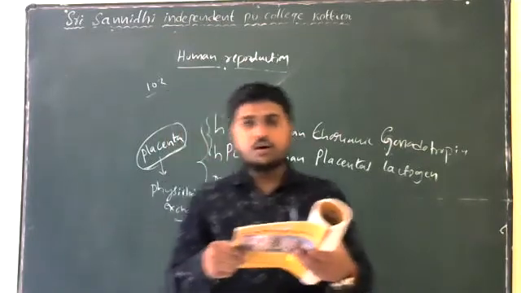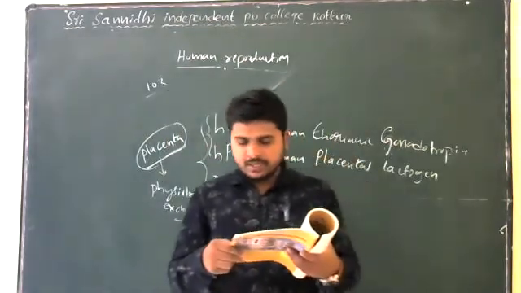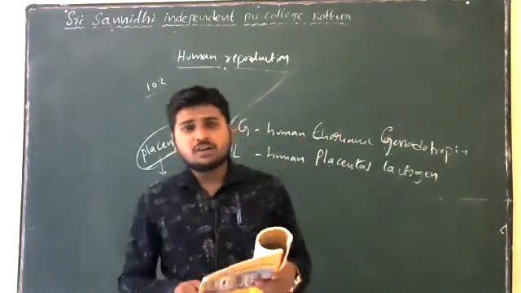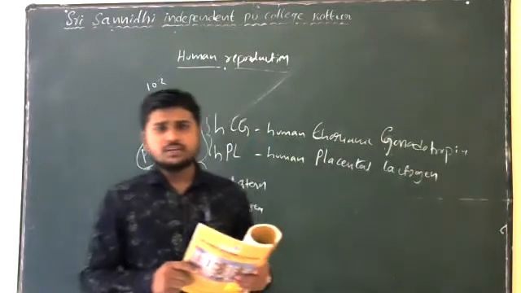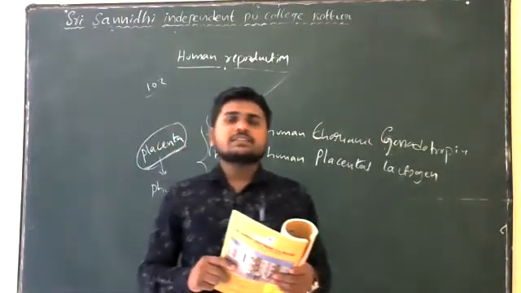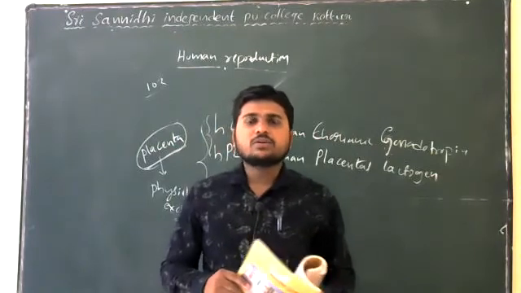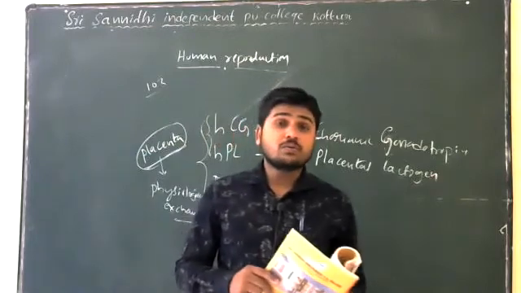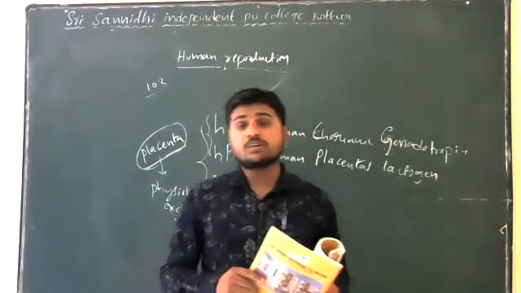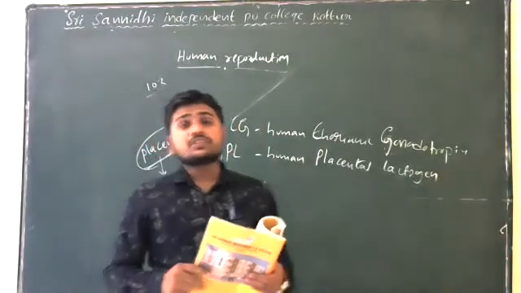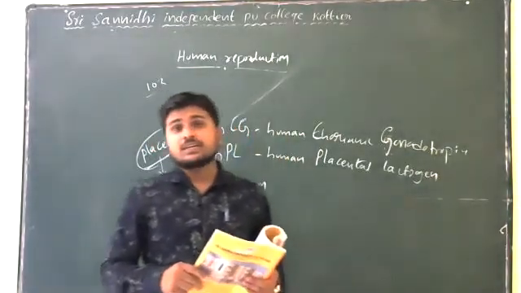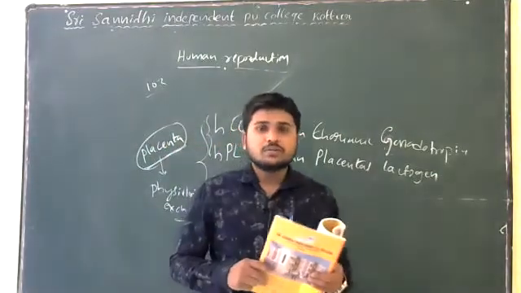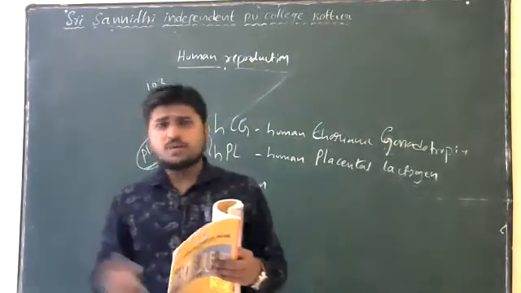The other options are ovary, fallopian tube and pituitary gland. The pituitary gland is the master gland in our body. It secretes different hormones like growth hormone, prolactin, follicle stimulating hormone, luteinizing hormone, adrenocorticotropic hormone (ACTH), and melanocyte stimulating hormone from the pars intermedia, as well as from the pars distalis and pars nervosa.